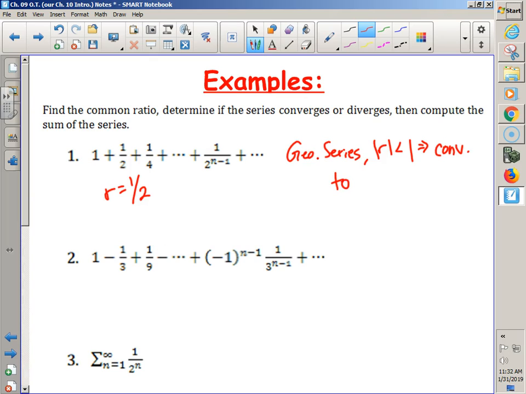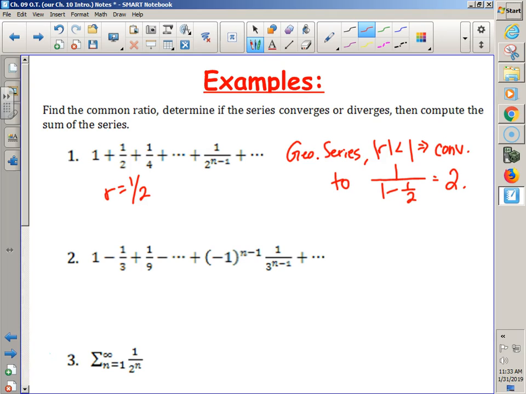So 1 over 1 minus r. Wouldn't that be 1 over 1/2, aka 2? Now pause. What did I do? First term. Where'd the 1 minus come from? Where'd the 1/2 come from? Perfect. Are we good?